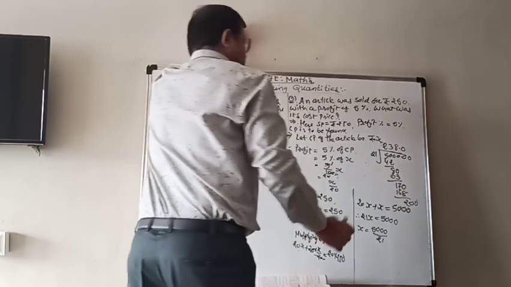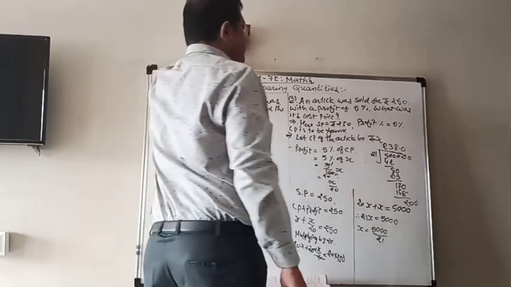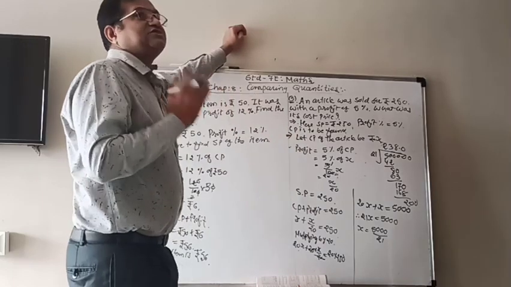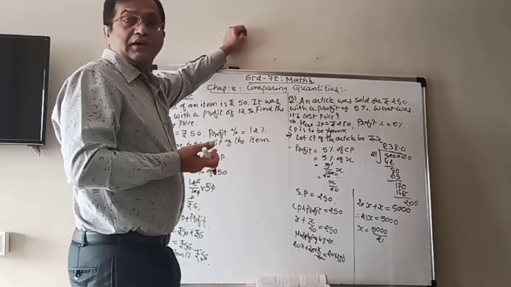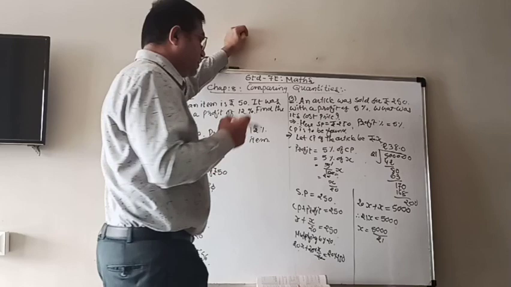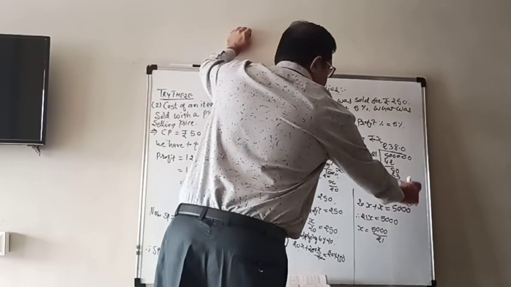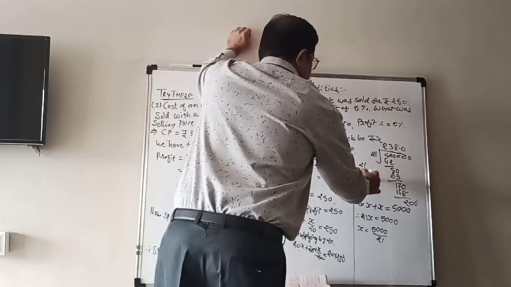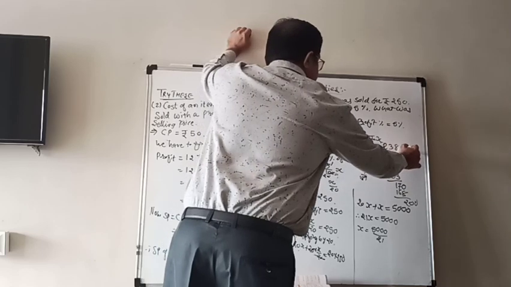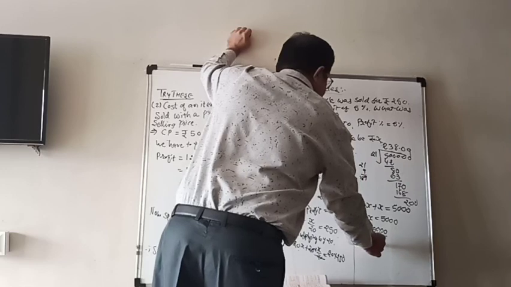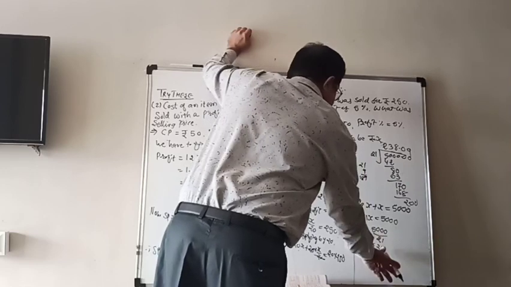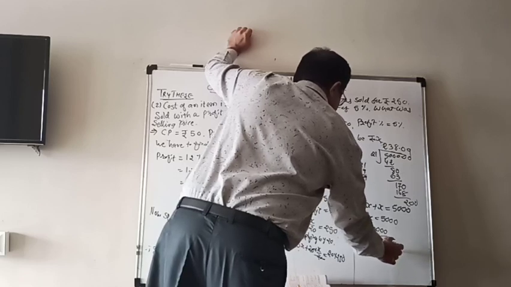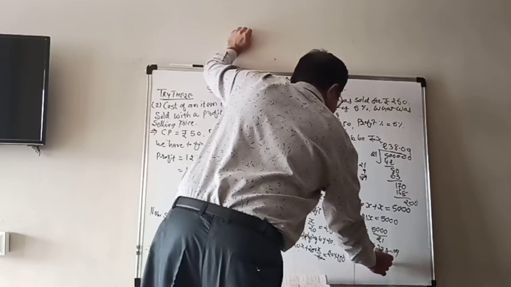So now approximate the answer will come here, because the percentage is given that we cannot come into the whole number. So now 21 nines are 189. So it is approximately rupees 238.09.